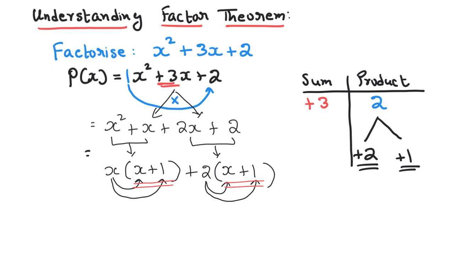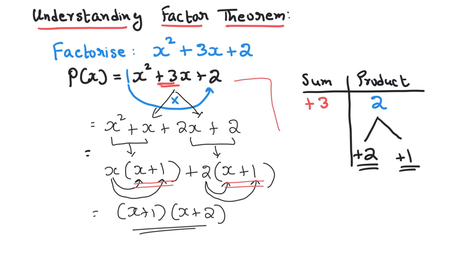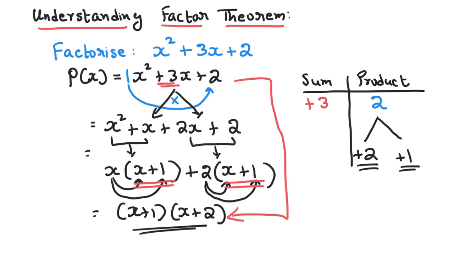So can I remove x plus 1 out? What remains in the bracket? X plus 2. So the factors of this polynomial x squared plus 3x plus 2 are x plus 1 times x plus 2. So we got the factors ready.